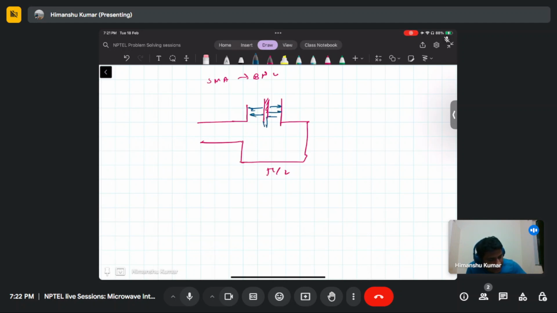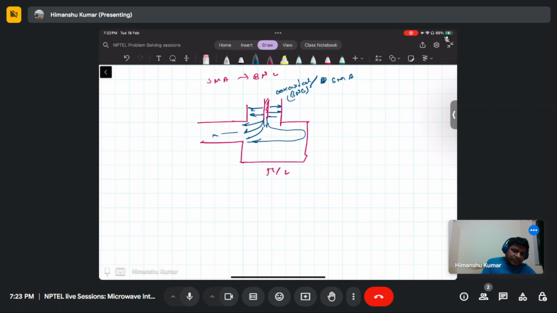The fringing field will be in this direction, and from this side the reflected field will constructively interfere here, and you couple the electromagnetic energy from the coaxial, BNC, or SMA type connectors to this waveguide in this fashion.